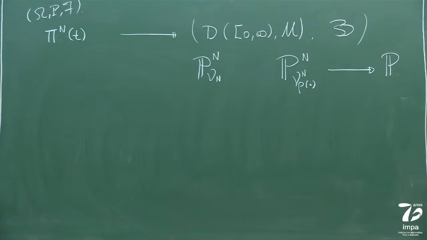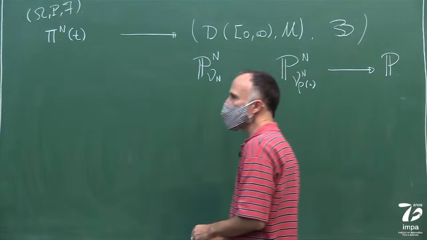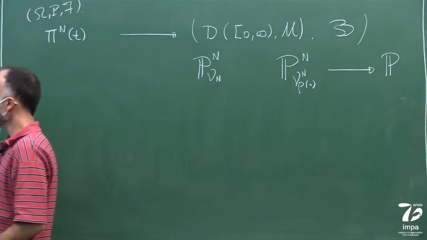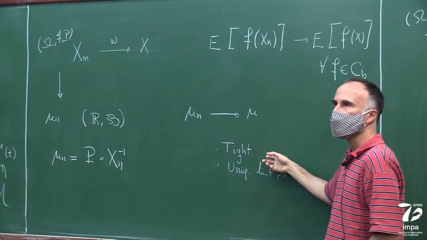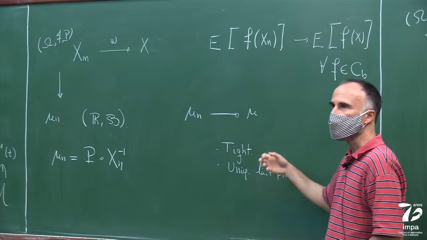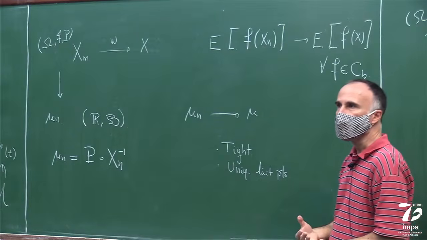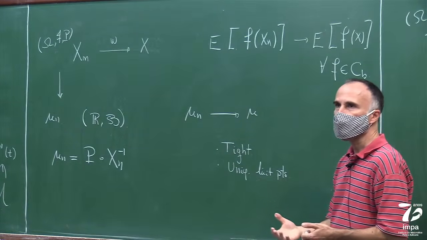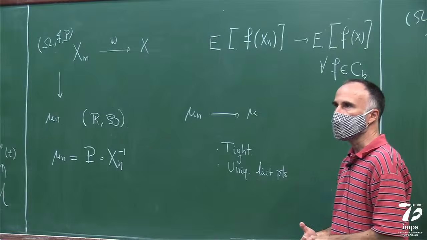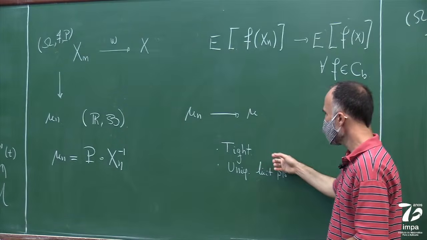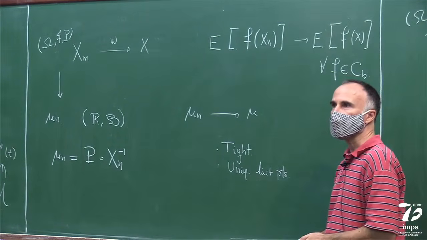And again, how do you do that? Well, you follow the same strategy. You have to prove compactness, tightness, and I have provided some results which yield tightness, and then we have to characterize the limit points.